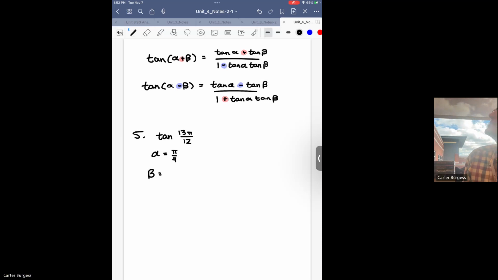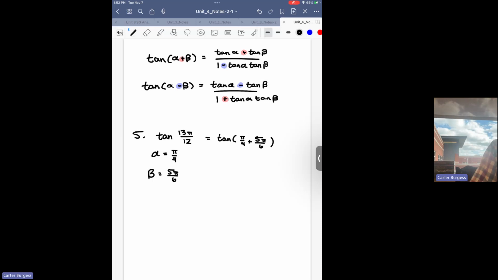What did you say? 10 pi over 12, which is going to simplify down to 5 pi over 6. Very nice. Subtracting 3 pi over 12 from both sides. And so this is equal to tangent of pi over 4 plus 5 pi over 6.